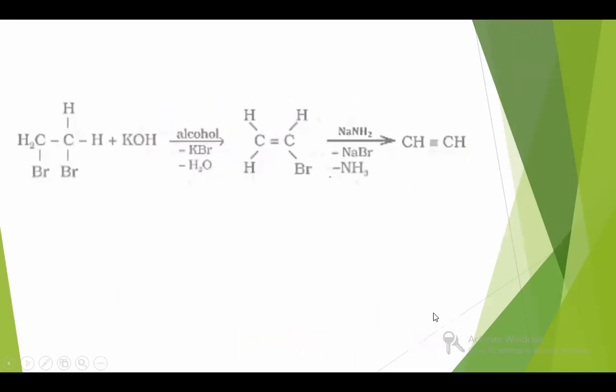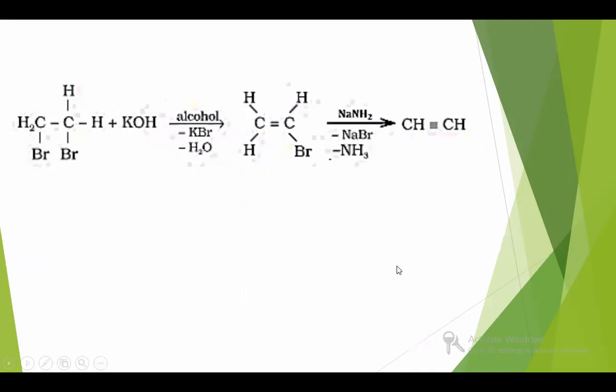And we can see a few more examples. This one is BrCH2CH2Br, carbon 1, 2, that is, 1,2-dibromoethane. It is treated with alcoholic potassium hydroxide, KOH. So hydrogen combines with bromide and gets eliminated as HBr, with a water molecule.